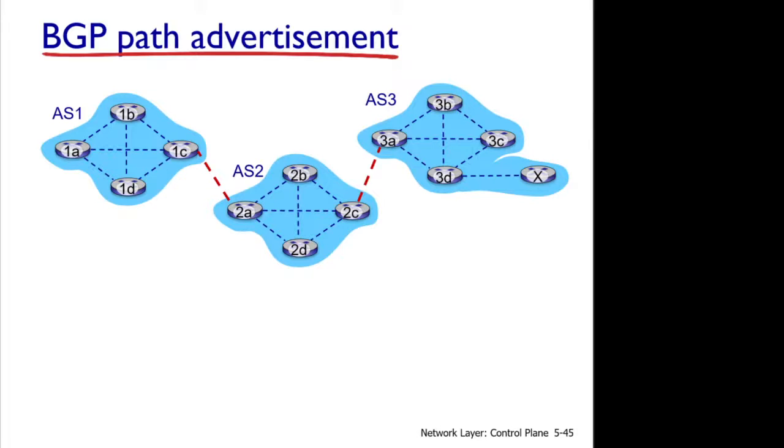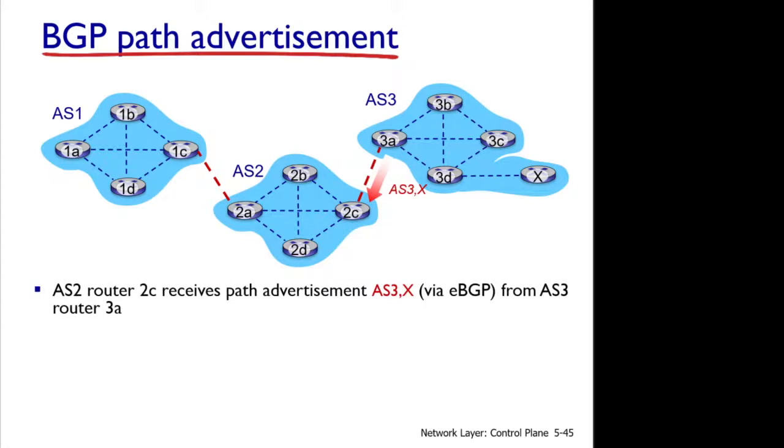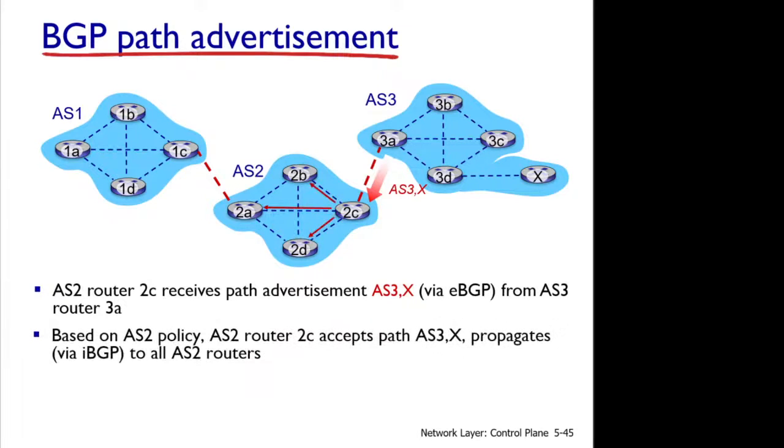So let's start off here. Here we are again with X. X has just been added to AS3, so of course AS3 will start off by sending that message saying, look, if you've got an IP address for X, send it to me. That's sent via eBGP from AS3 router 3A to AS2 router 2C. I hope that's clear. What happens next is iBGP.